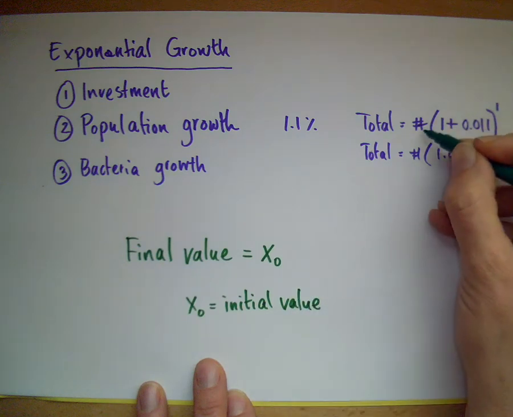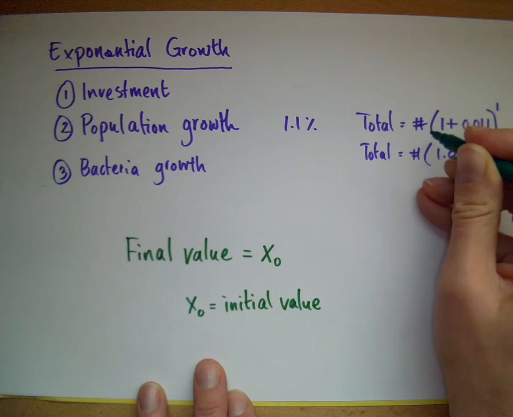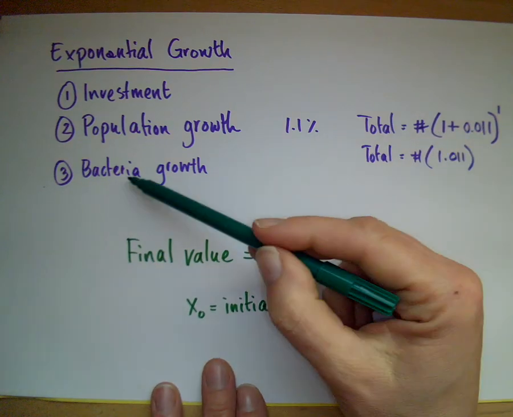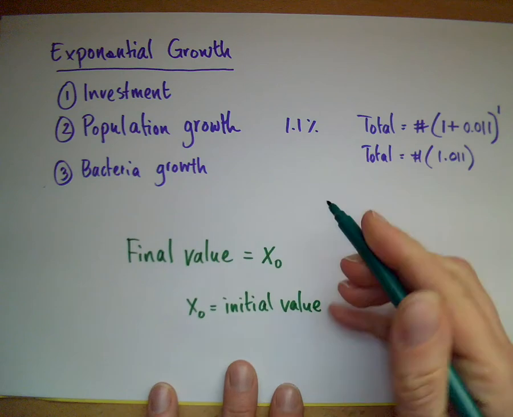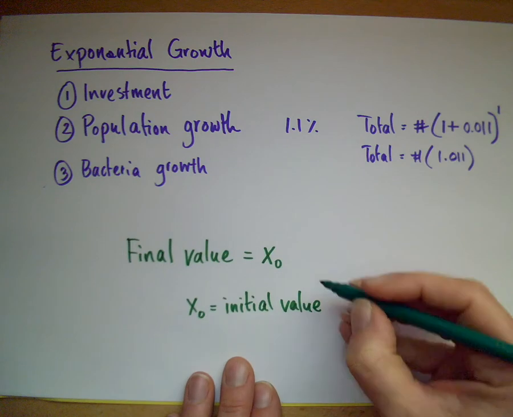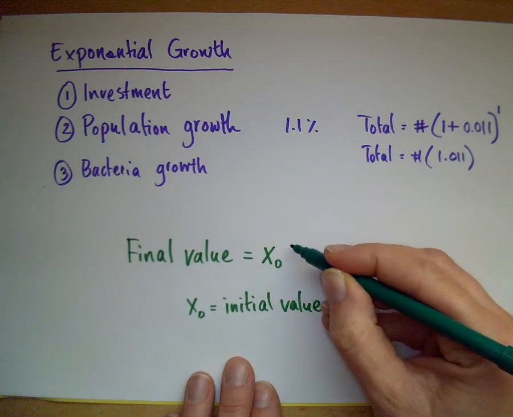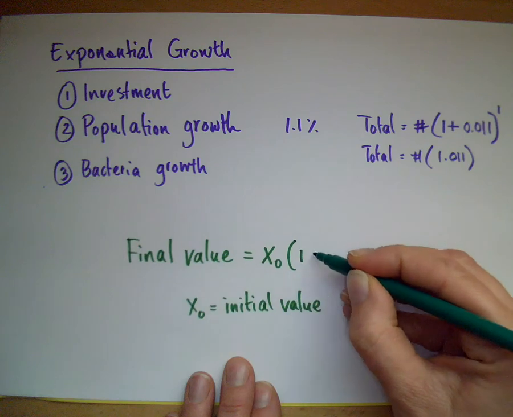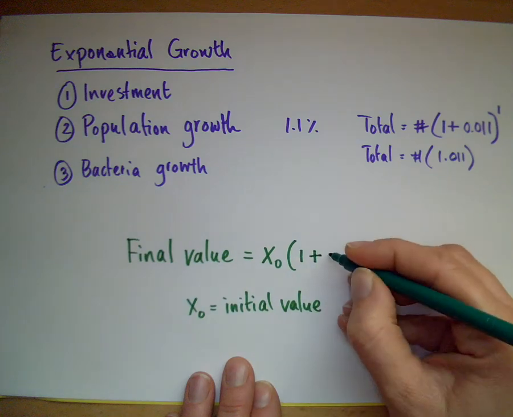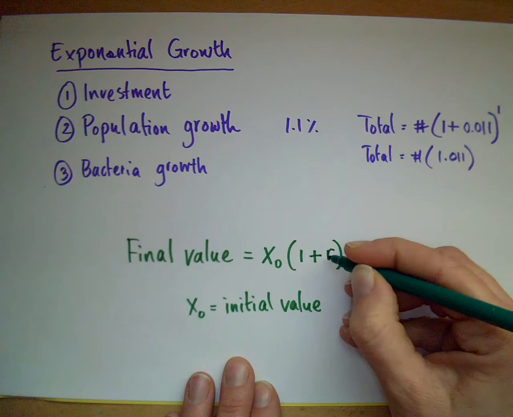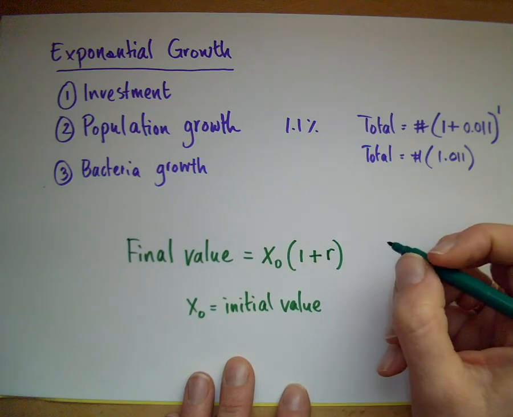So maybe the total number of people on the earth today, or the number of bacteria that we start out with. The initial value times 1 plus the rate of growth, right? We can still use R like that.